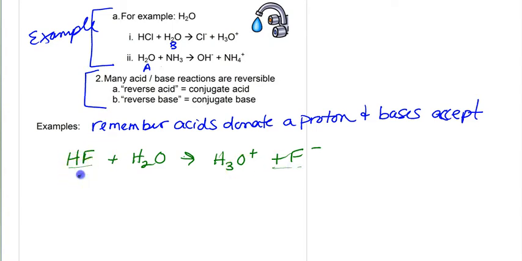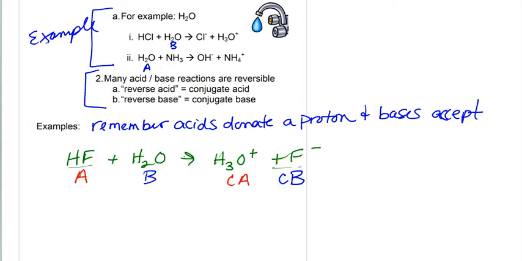So this makes this the acid, and that makes water my base. Going in the reverse then, the fluoride would have to take in a hydrogen to produce hydrogen fluoride. So that makes then my hydronium my conjugate acid, and my fluoride ion my conjugate base.